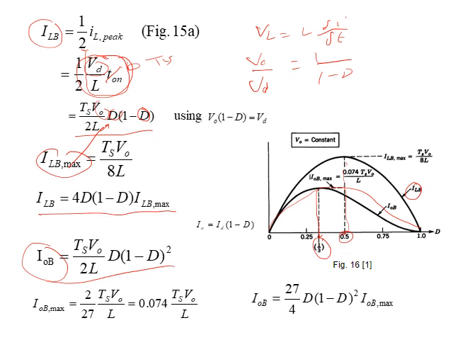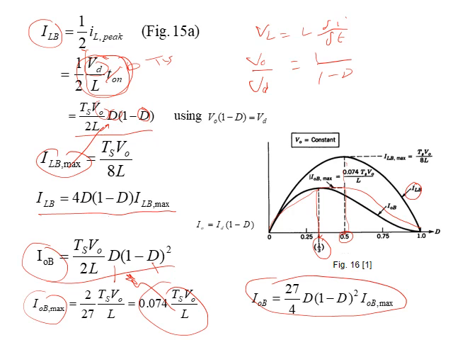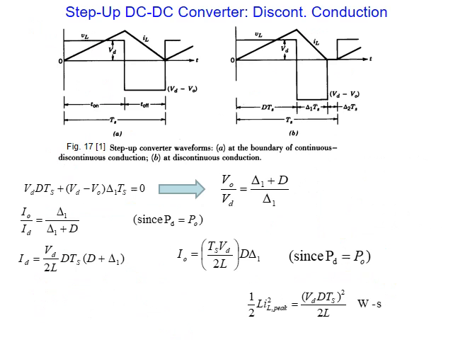So IOB max becomes, after I substitute here by 1 over 3, this expression. Let me substitute it back here. We got the formula of IO boundary in terms of maximum IO boundary.